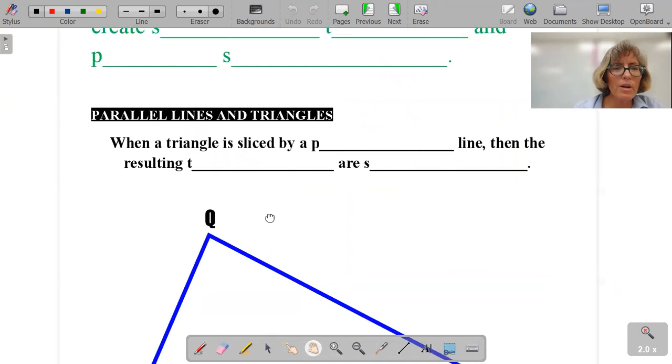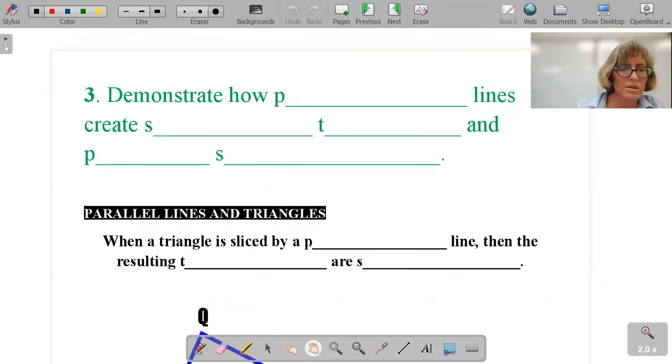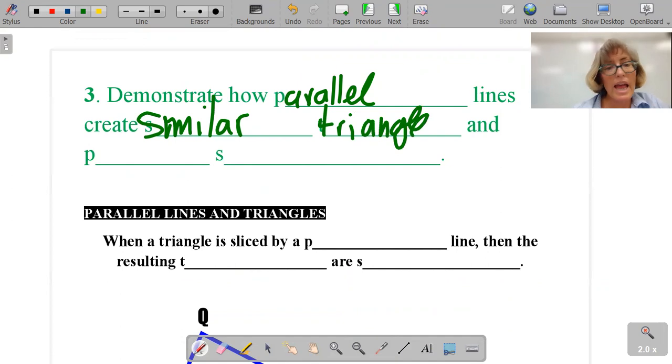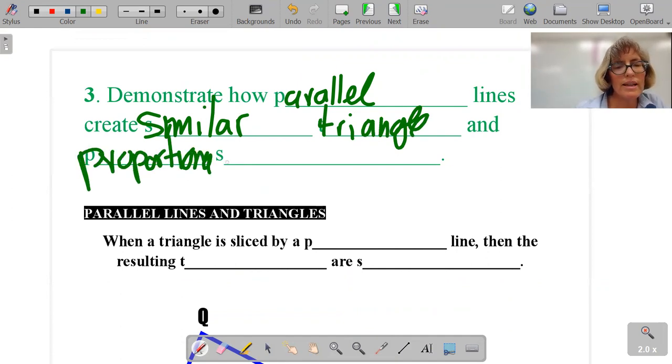Last thing we're going to talk about is what happens when you have parallel lines and they create similar triangles and proportional segments. Got to get an L there.